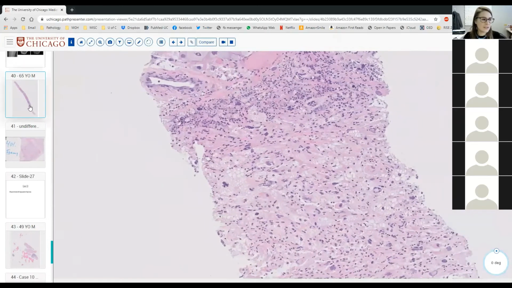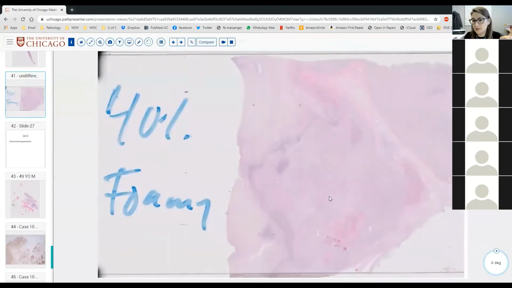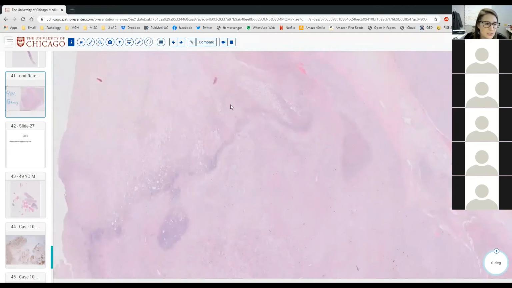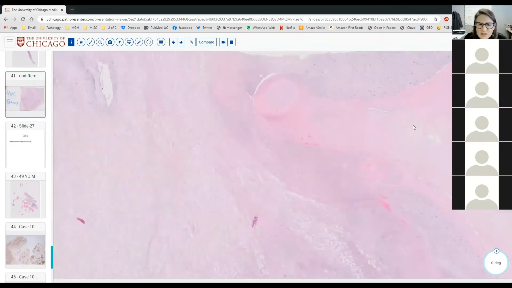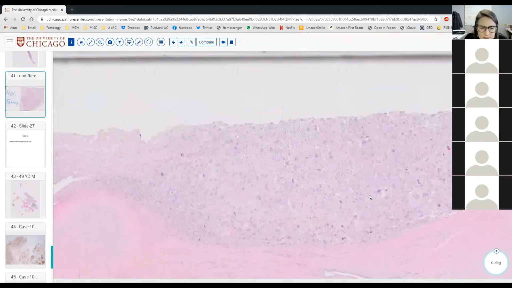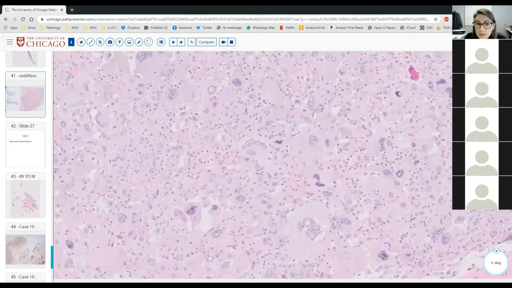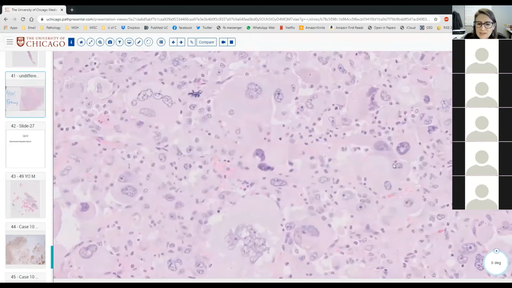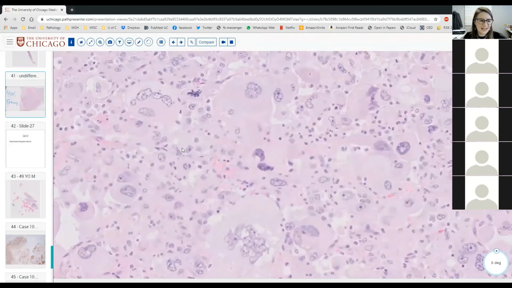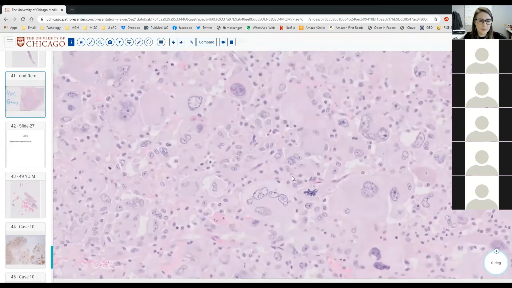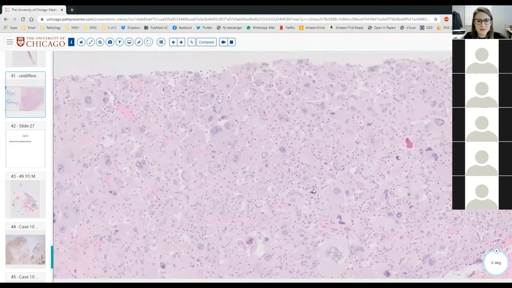I'm going to show you the resection now. I think this was treated, so the morphology might be a little bit different. But again, that same picture is recapitulated where the nucleus is plump and is not indented by, oh, there's a nice mitotic figure, is not indented by those vacuoles.